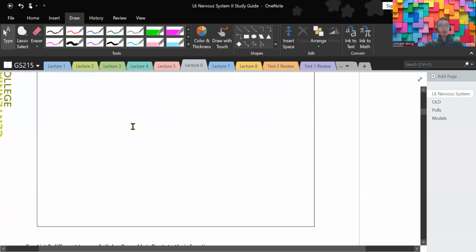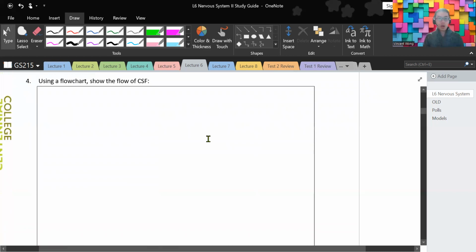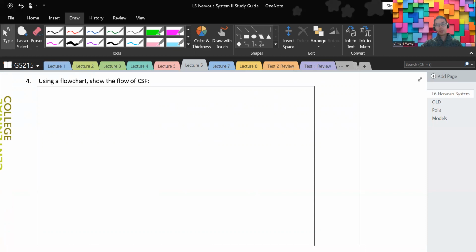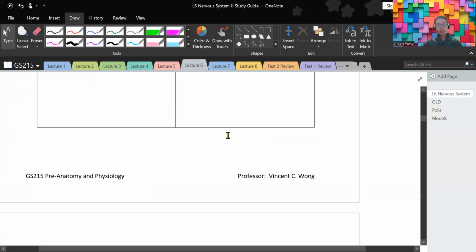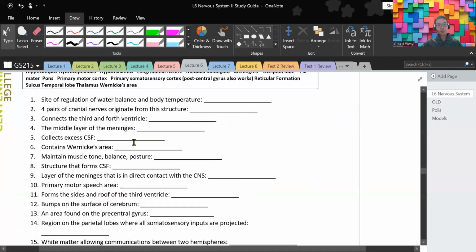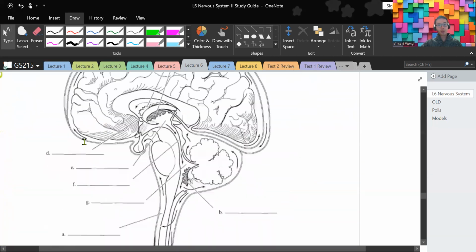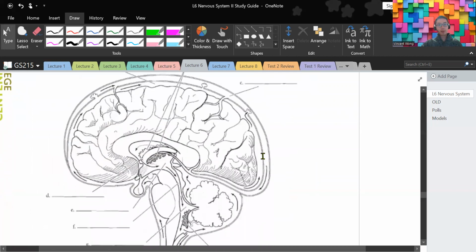Okay, using a flow chart, show the flow of CSF. Maybe I just show you where the choroid plexus is first. Maybe you haven't had a chance to see that in the lecture recording. So here is the brain.